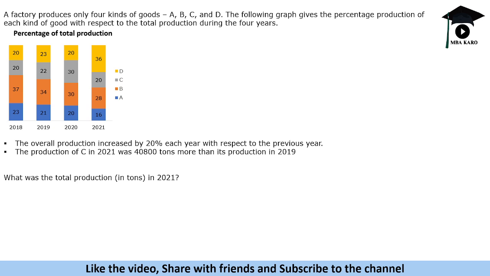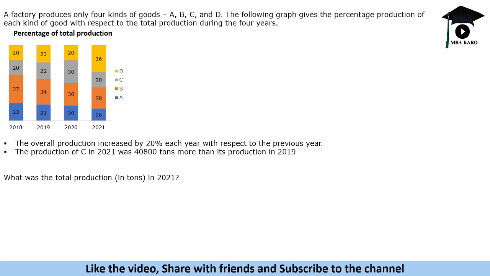Okay, this is a stack bar graph. It says that a factory produces only 4 kinds of goods, A, B, C and D. The following graph gives the percentage production of each kind of good with respect to the total production during the 4 years.